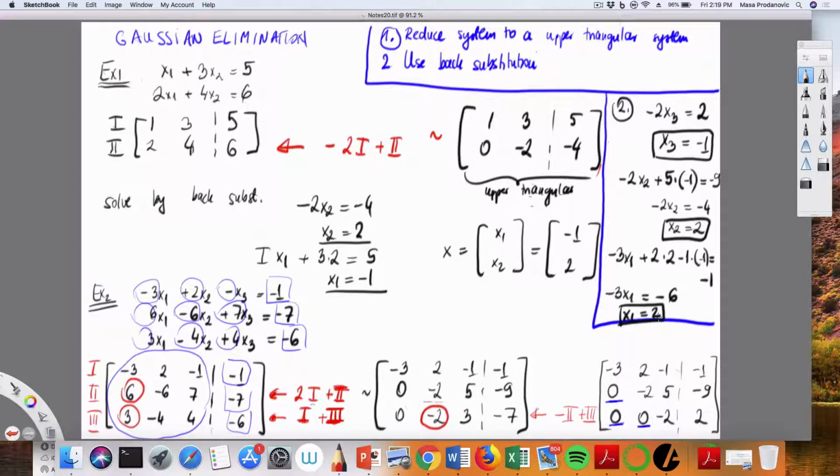What is 6x1 minus 6x2 plus 7x3 equal to using these x1, x2, and x3? It is 6 times 2 minus 6 times 2, that's easy, that's a 0, plus 7 times minus 1, that's minus 7. So minus 7 is indeed equal to minus 7.